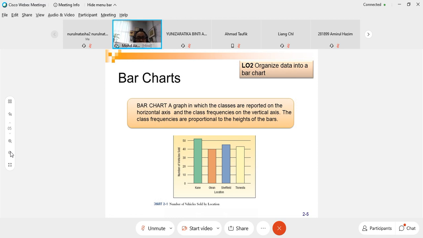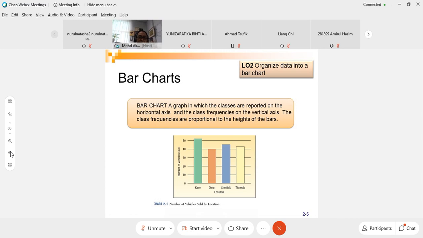Dan untuk Tionesta 42. That mean the data kita present dalam bentuk macam ni, dia panggil bar chart. Bar chart dia ada location dekat bawah dan juga belah vertical ni adalah number of cars sold.